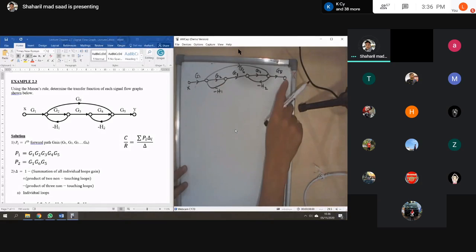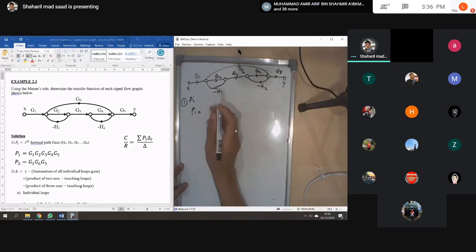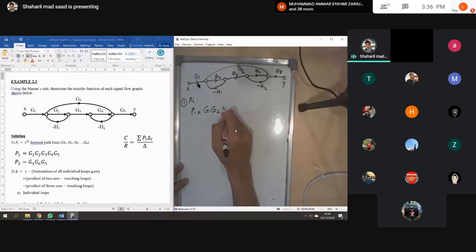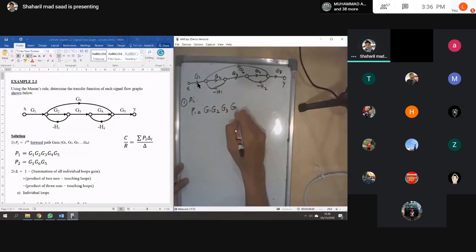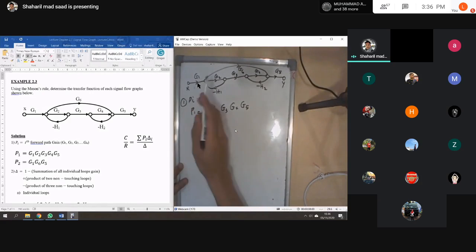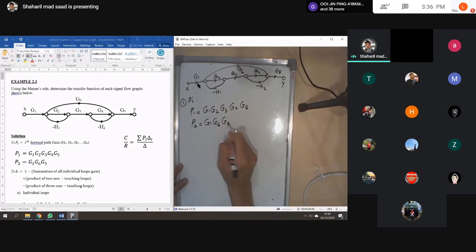So first, find the forward path gain Pi. Now we got P1. P1 means straight G1, G2, G3, G4, G5. Done. Another one, P2 exists: G1, G6, and also G5.